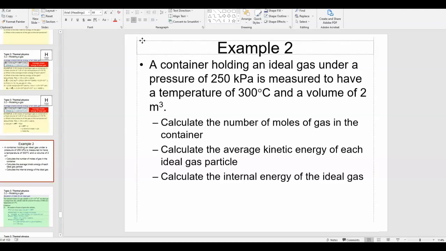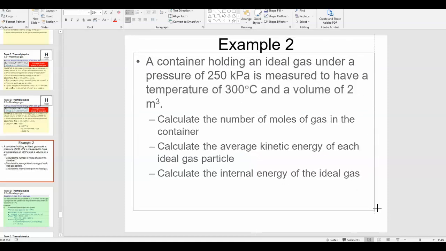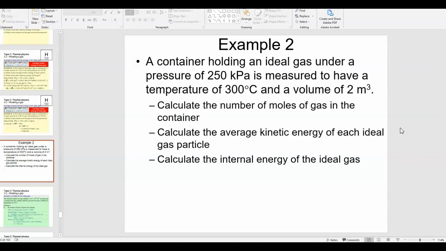I want you to try to do example 2 on your own, and then we will be done with this video. Example 2 says a container holding an ideal gas under a pressure of 250 kilopascals is measured to have a temperature of 300 degrees Celsius and a volume of 2 cubic meters. And you're asked 3 different questions. So I want you to pause it here and try to answer example 2 on your own.